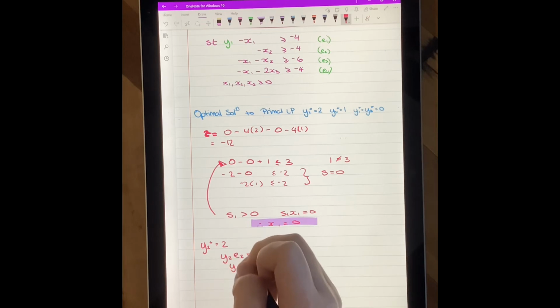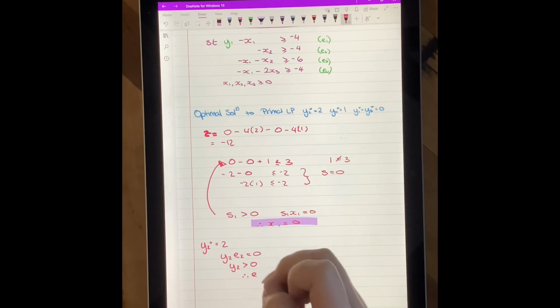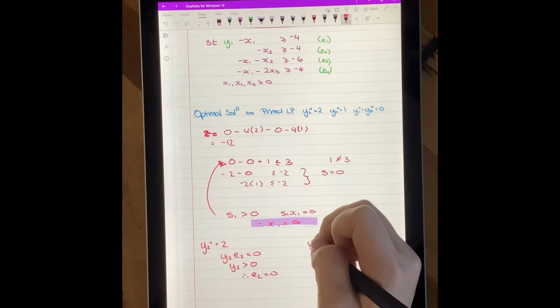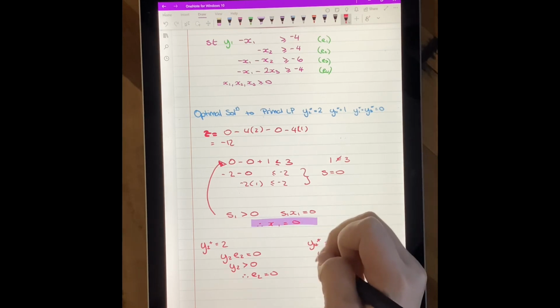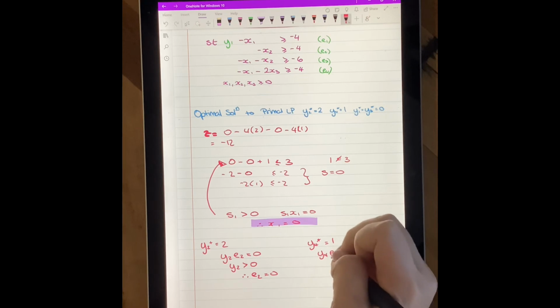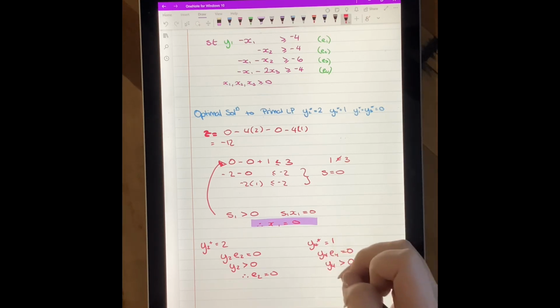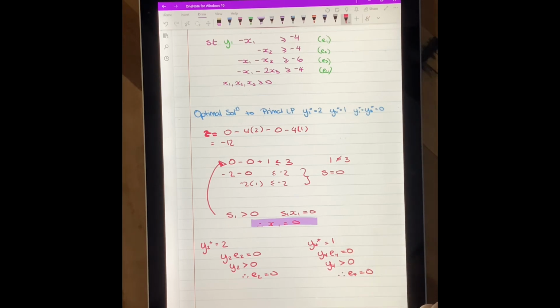We know y2 is greater than 0, therefore e2 must equal 0. The same is true for y4. So y4 times e4 equals 0. y4 must be greater than 0, therefore e4 equals 0.